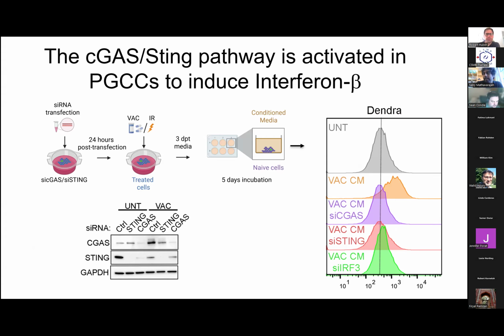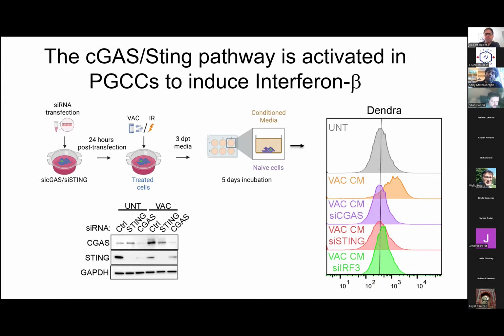Typically, when you think of this pathway in the tumor environment, you think of it as a good thing. You want to promote immune infiltration and activation. So typically, cGAS-STING is considered a good pathway for tumor suppression. But here, these cancer stem cells seem to be hijacking this pathway for their own signaling.